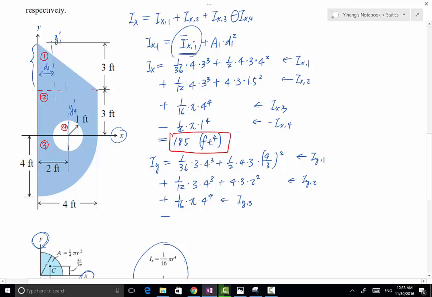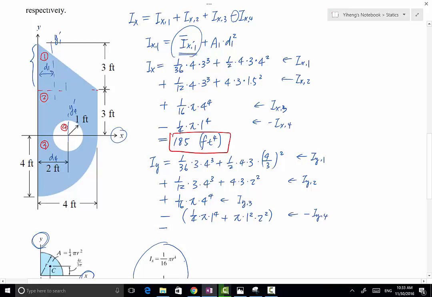So about its own centroidal axis, we have 1/4 times pi times 1 raised to the 4th power. But now we do have to use the parallel axis theorem. So we have to add its area, which is pi r squared, 1 squared, times the distance. This 2 feet right here is our d4. And that is 2 raised to the 2nd power. So this is my minus Iy4.